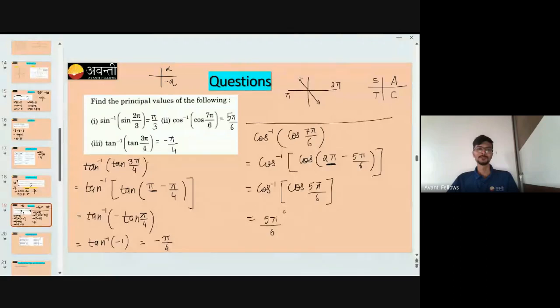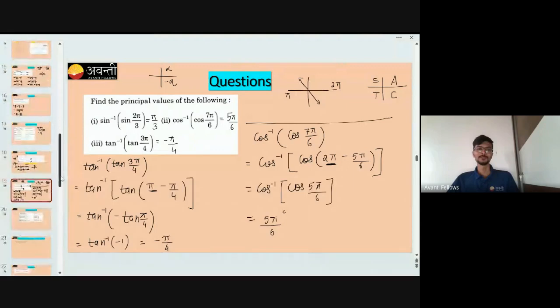So I hope you got it. Now, let me just revise the set of properties we have done till now. We have done two sets, set 1 and set 2. Set 1, I like to call it the reciprocal one. We use that to convert sec inverse, cosec inverse, and cot inverse into our more comfortable, more loving ones, which are sine inverse, cos inverse, and tan inverse.